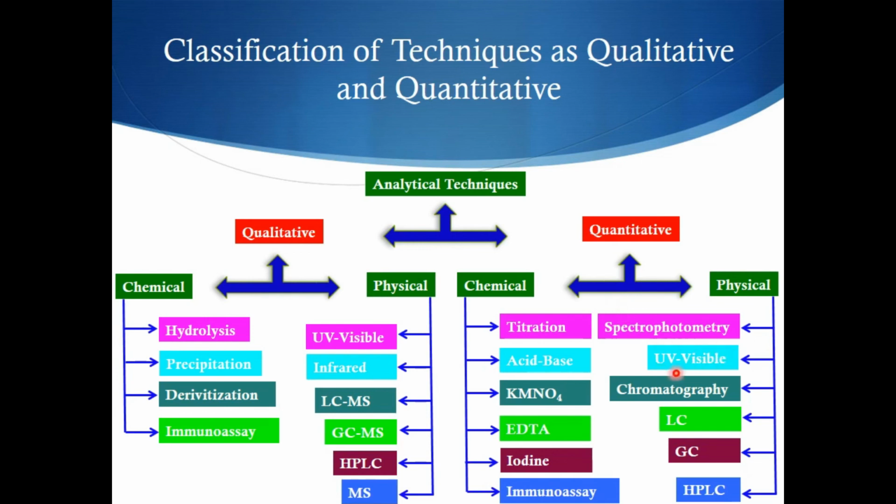But for quantitative analysis, we have to design a protocol. This is the case with all other techniques used for quantitative analysis. For example, for HPLC, we have to design a protocol for the quantification of the substance present in different samples.